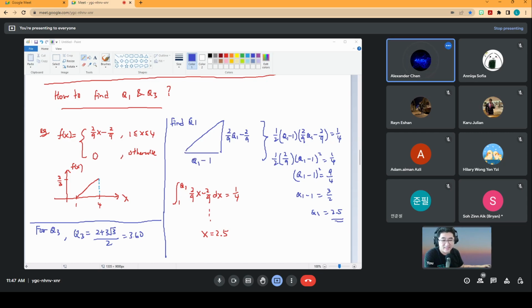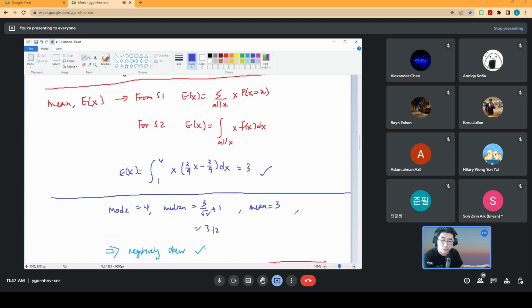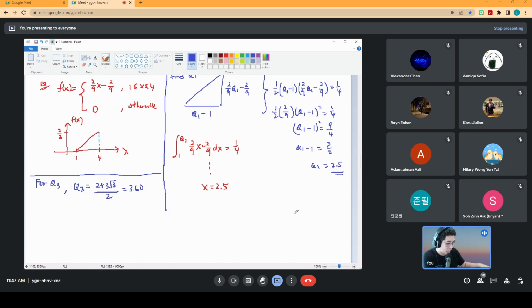Yes, of course. Okay. So what if I want to explain skewness from these two values? What should I do? I have Q1, Q2, Q3 values that look like this. Q1 equals 2.5.